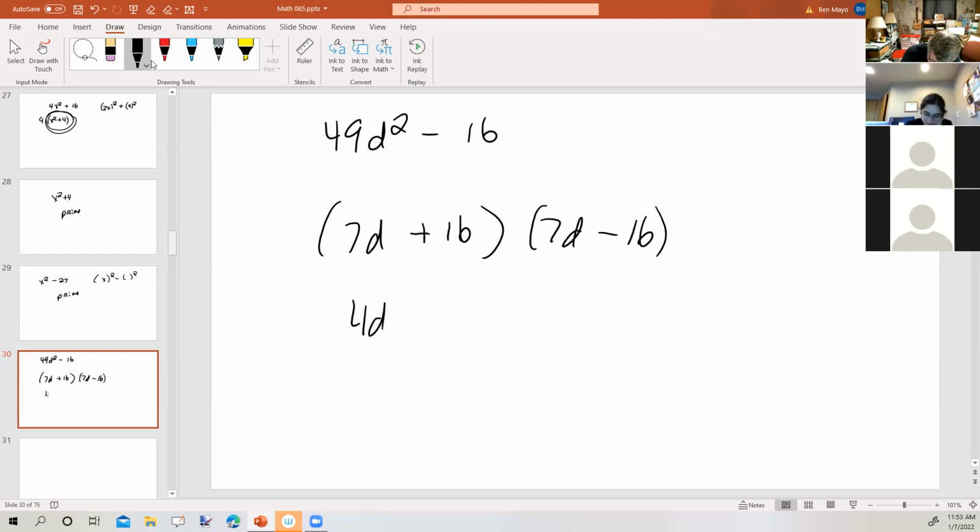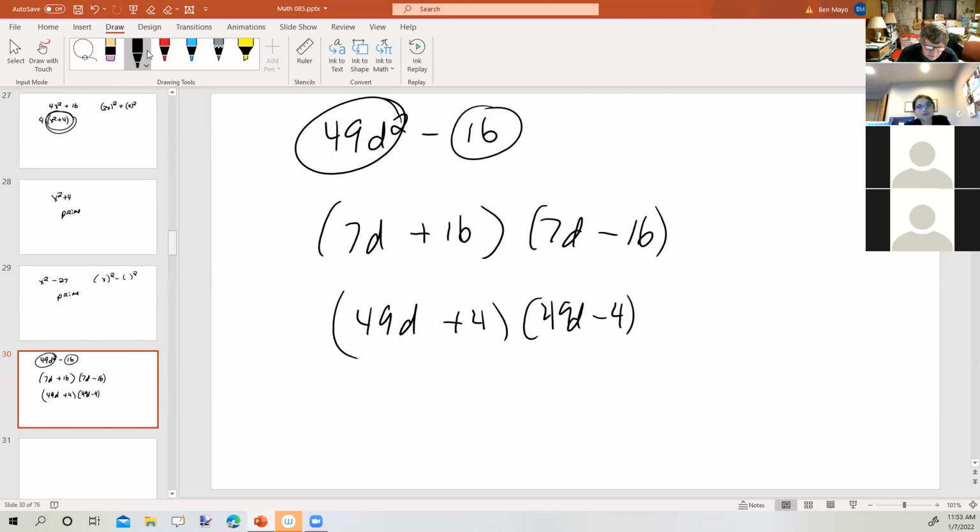Or they'll go 49d plus 4, 49d minus 4. They won't think about that both of these have to be written as a square, not just the d squared, but the 49. So it's got to be 7d squared minus 4 squared.